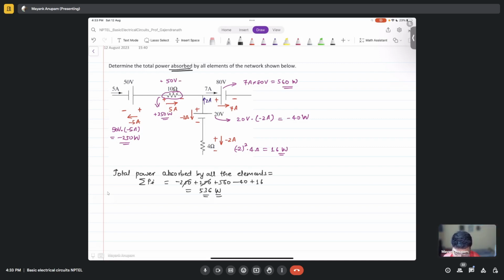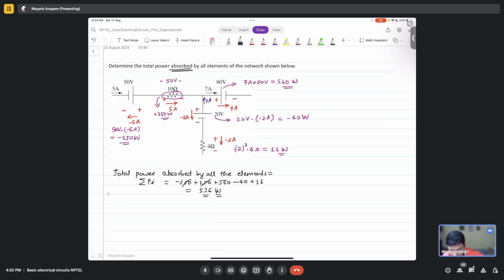The way I interpret this question is: what is the total power absorbed by all the elements in the network? To me, it means the net total power if this network is standing alone. Basically you do not know anything about this network.